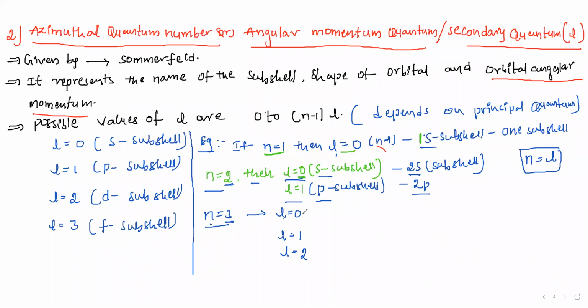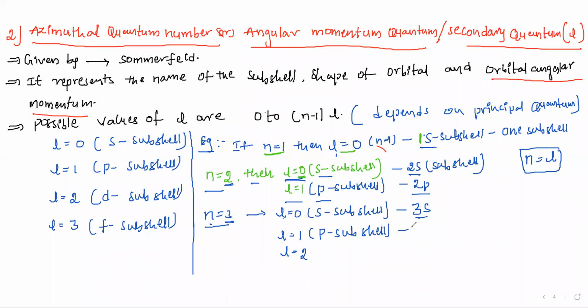ఇప్పుడు చెప్పండి దీని ప్రకారం. L is equal to 0 అయింది అనుకో, అప్పుడు వాట్ ఈస్ ఇట్స్? దిస్ ఈస్ S subshell. Is it clear? S subshell, that too this belongs to third shell. That's why we can write this as a 3s subshell. If L is equal to 1, what is this? P subshell.